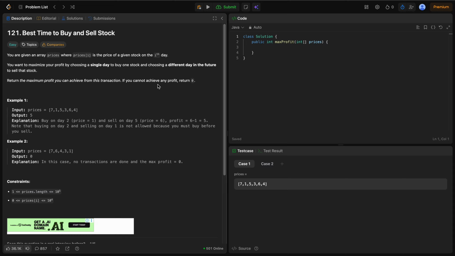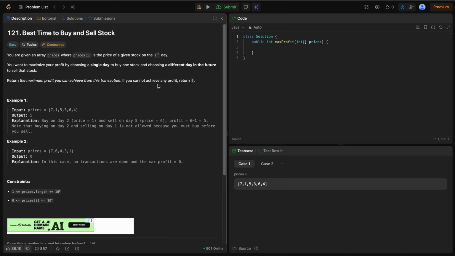Clear? So how did I do it? Say I buy at value 1. I can't consider the past to sell the stock, so I will go to the future only. That means for 1, I will compare with 5, then 4, then 2 and then 3, right? Whatever profits I get, I will record.